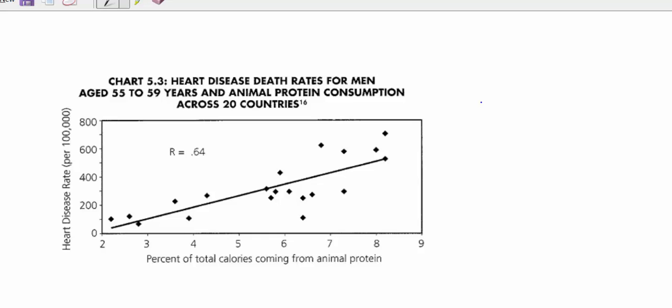So this option has two scatter plots, and I just have a short demo that I'm going to give you here. I have pulled this graph from The China Study, which is a book by Dr. Colin Campbell. And here we see several things going on.